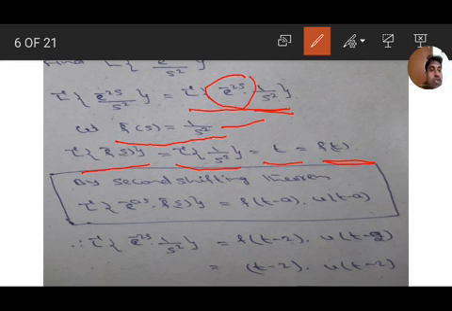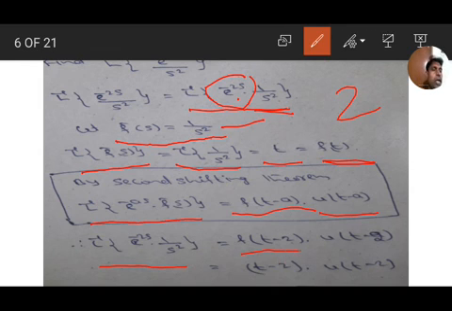So by second shifting theorem, L inverse of e to the power of minus as into f bar s equals f of t minus a into u of t minus a, where u of t minus a is the unit step function, and here a equal to 2. Therefore L inverse of e to the power of minus 2s into 1 by s square equals f of t minus 2 into u of t minus 2.